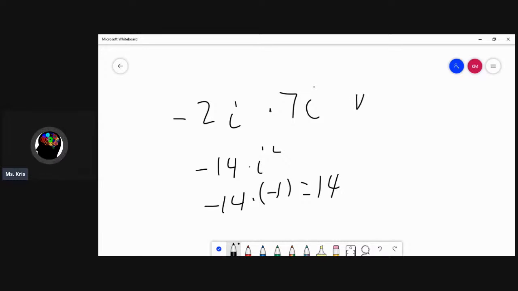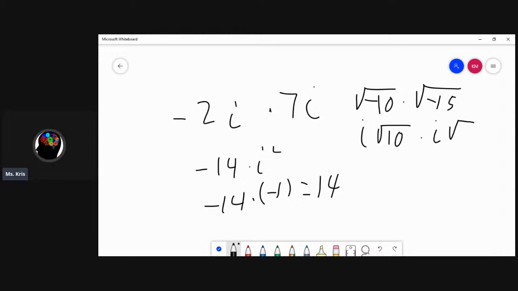What if you have a radical? Say, for instance, you have the square root of -10 times the square root of -15. Well, of course, if I pull out my negatives, that'll be i square root of 10 times i square root of 15.